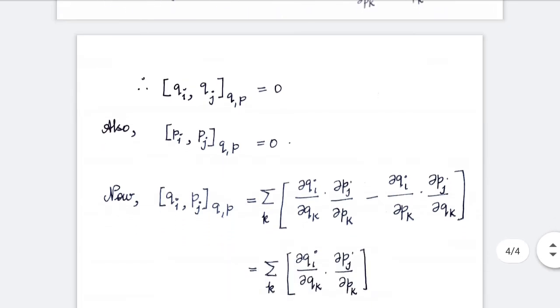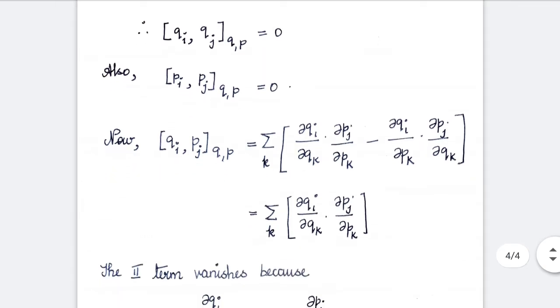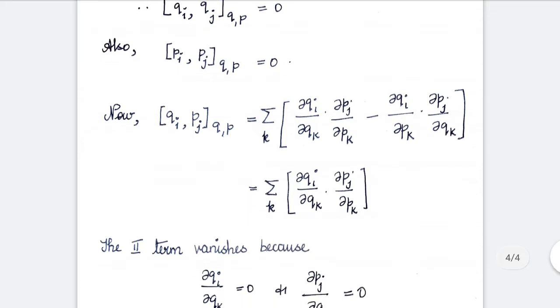So the next fundamental property is the Poisson's bracket of Qi with Pj. By the definition, we can expand it as the sum over k of dou Qi by dou Qk into dou Pj by dou Pk, minus dou Qi by dou Pk into dou Pj by dou Qk. We know Qi's are not functions of Pk, so the second term will completely vanish.